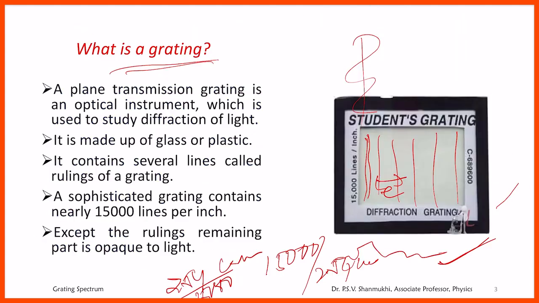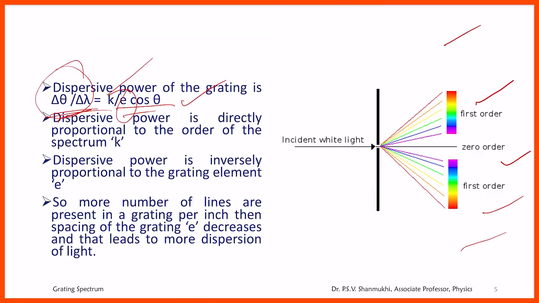When e becomes small, if more number of lines, instead of 15,000 lines, if 20,000 or 30,000 lines are there in 1 inch or 1 centimeter, e decreases. So if more number of lines are there, separation decreases. As the separation is decreasing, the dispersive power delta theta by delta lambda increases. So our required feature is e should be very small.